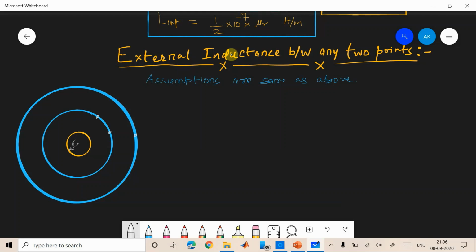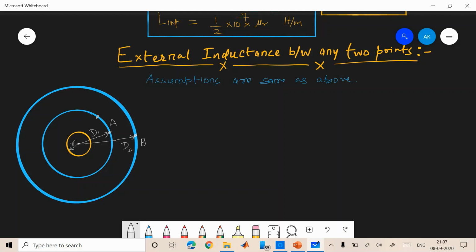The distance of this point A from the center of the conductor is your D1, and the distance of this point B from the center of the conductor is your D2.